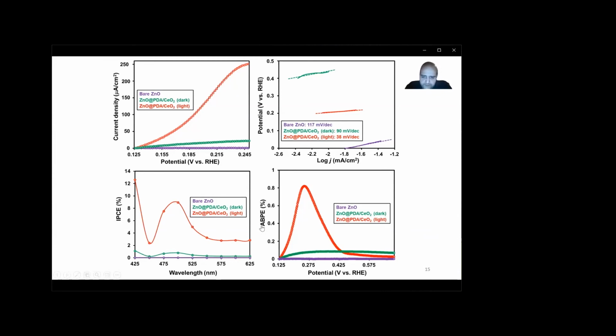And for the applied bias photon to current efficiency, we see similar behavior for bare zinc oxide and our photocatalyst under dark, and we reached 0.8% efficiency under illumination.